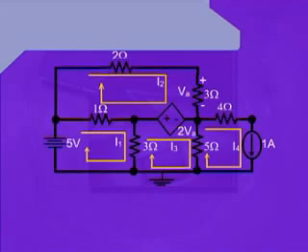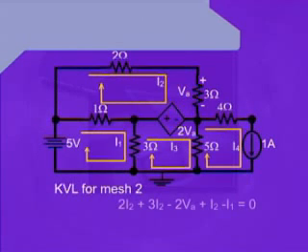Now, we write the KVL equation for loop number 2. Starting from the 2 ohm resistance, we can see that there is only one current flowing through the 2 ohm resistance, and that current is I2. Therefore, the first term we will write as 2I2. After writing this term, we reach the 3 ohm resistance across which the voltage drop VA has been mentioned.